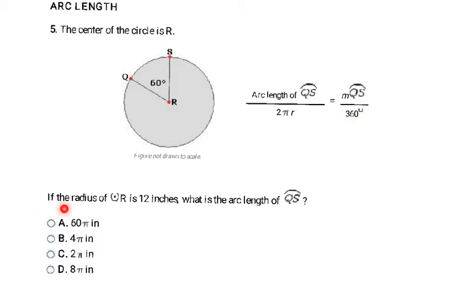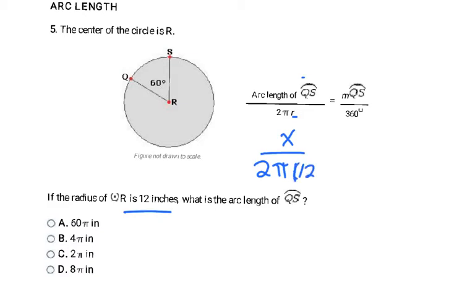So if we know the radius of circle R is 12 inches, what is the arc length of QS? Well, if I'm going to use my formula, I'm looking for arc length, so I'm going to put an X on the top, and then I have 2 times pi, and you could write 3.14 instead of pi if you wanted to, and then I have R for radius, which they tell me is 12 inches, so this is going to be times 12.